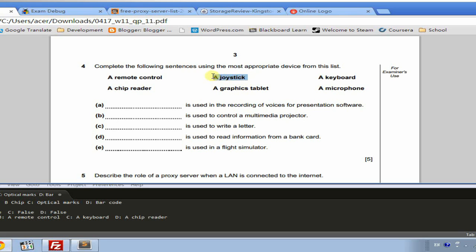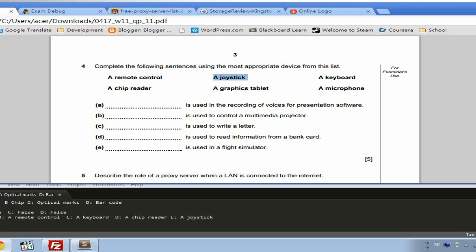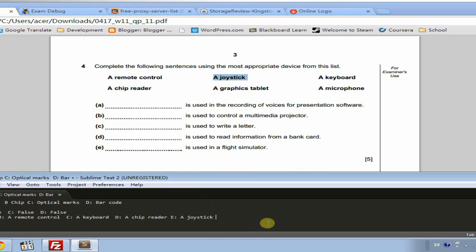So in this case, our answer is going to be a joystick, which is an input device for controlling movement. Okay, so again, you just need to make sure you have memorized a lot of these things.